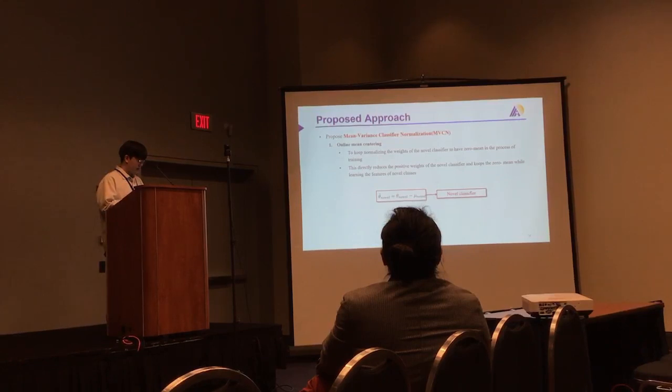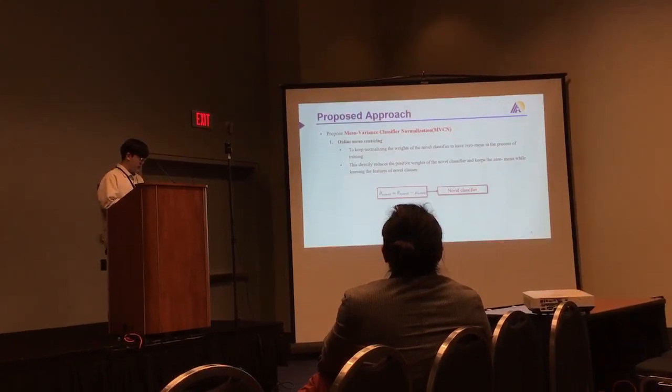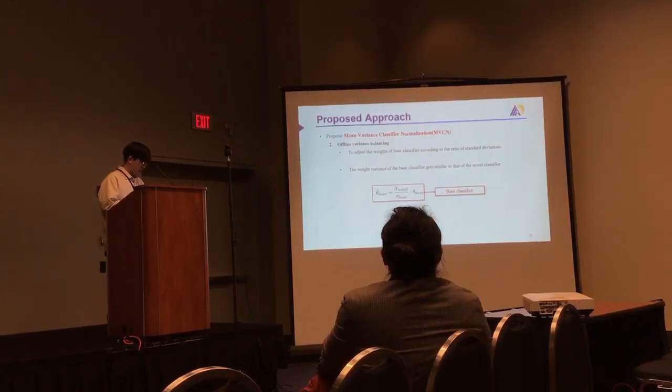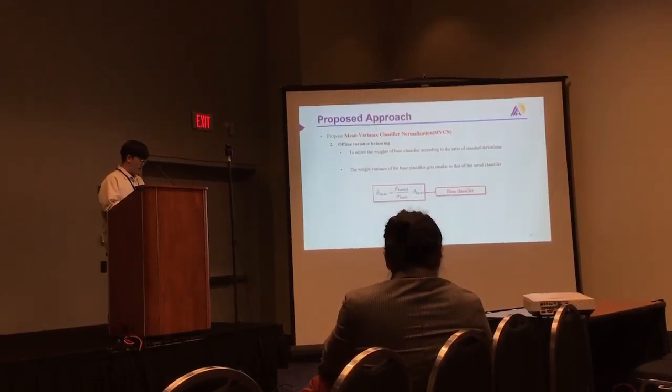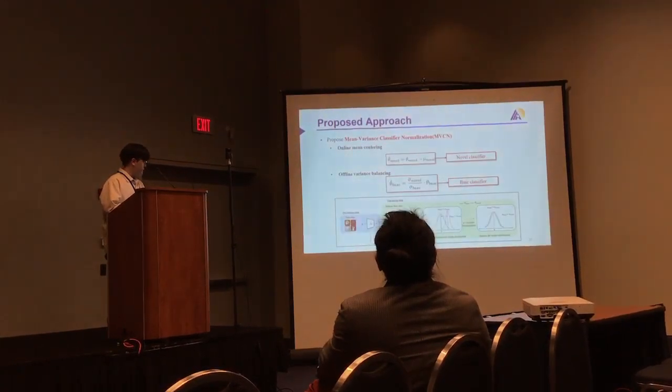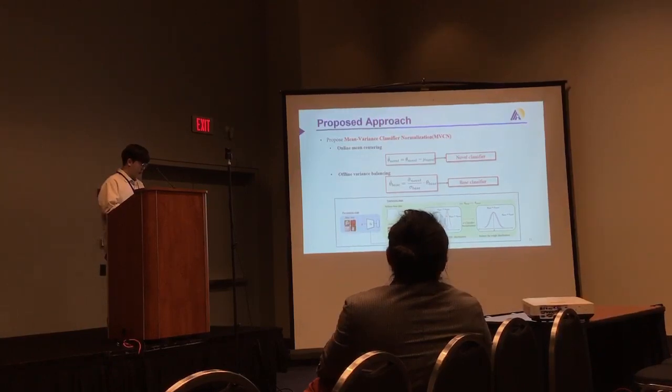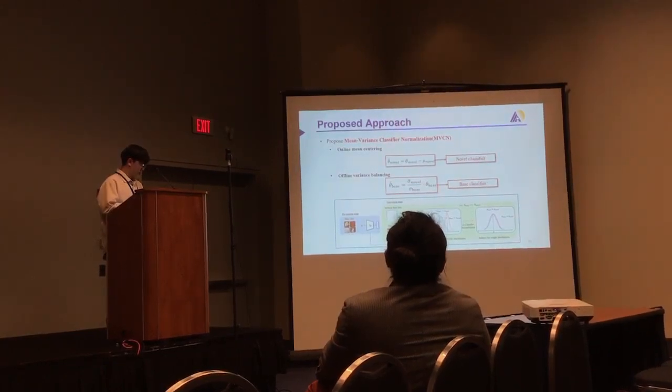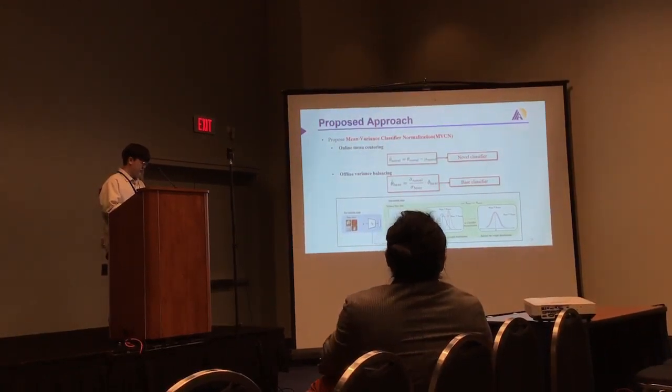And then the variance is also imbalanced between novel and base classes. We also try to equalize the variance, but this is done only in an offline manner after all the training is done. So with these two normalization approaches, our goal is to match the distribution of base classes and novel classes to be almost the same.